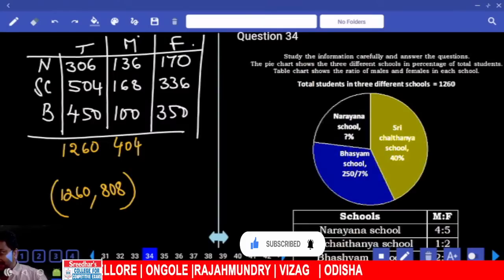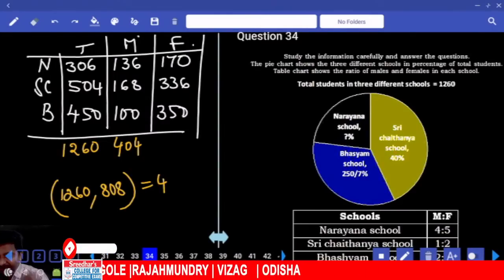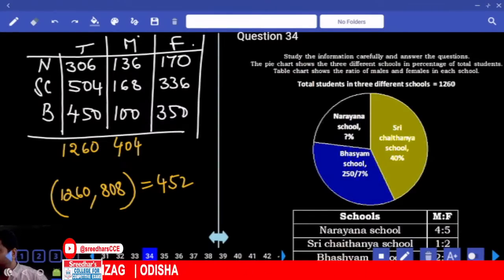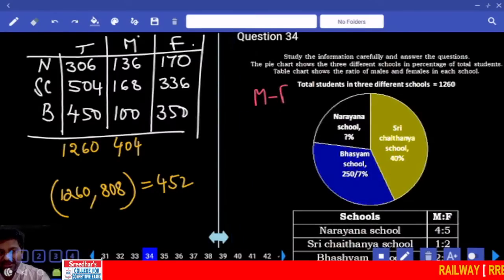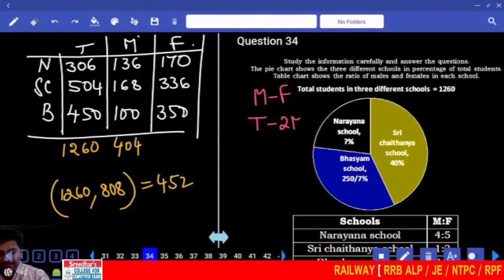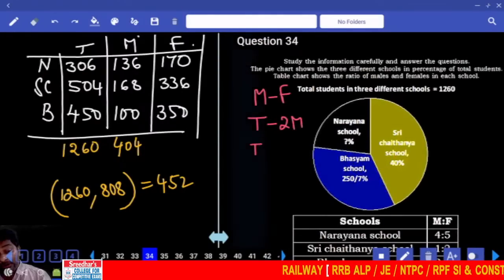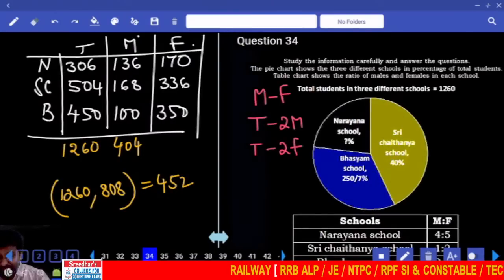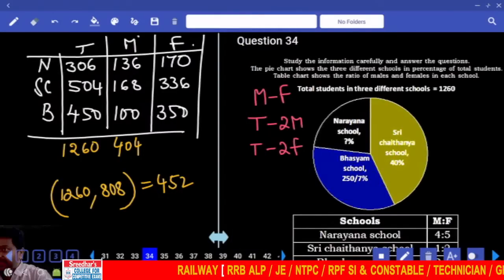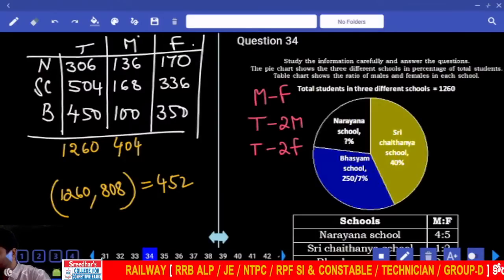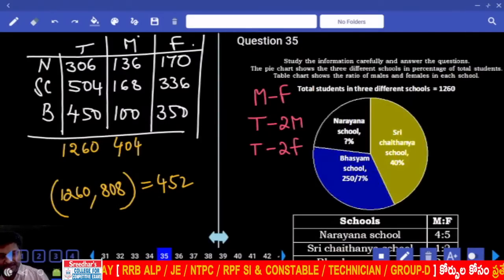Difference between both the numbers. 1200, 800, 400. 60 minus 8, 52. Many times we discussed difference between male and female will be equal to total minus 2 times of male or total minus 2 times of female also. Anything is fine. Yes. Next.